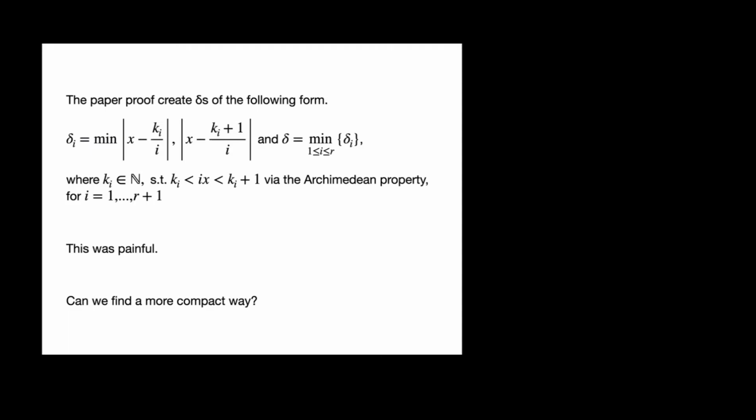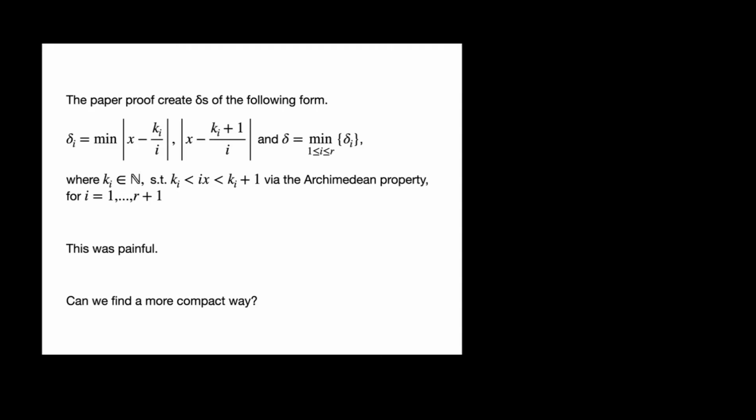The paper proof creates deltas of the following form, where k of i is a natural number such that k of i is less than i times x, which is less than k of i plus 1, via the Archimedean property, for i equals 1 up to r plus 1. And this was the first bit in the proof where following the paper proof directly was pretty painful.